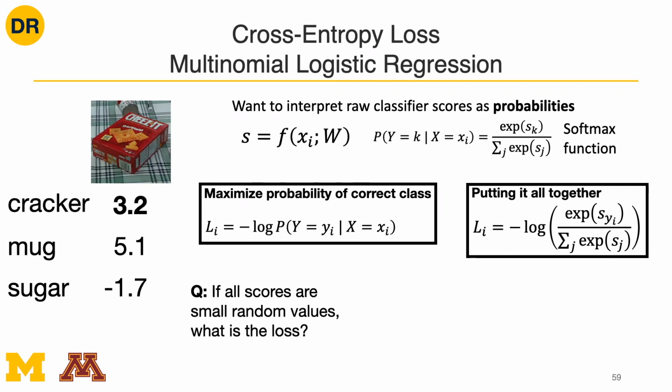Negative log of 0.1, because the denominator is the summation of all of them. So the probability is 0.1, and then if you apply the log, the loss would be somewhere around 2.3. Is this part clear? Okay.